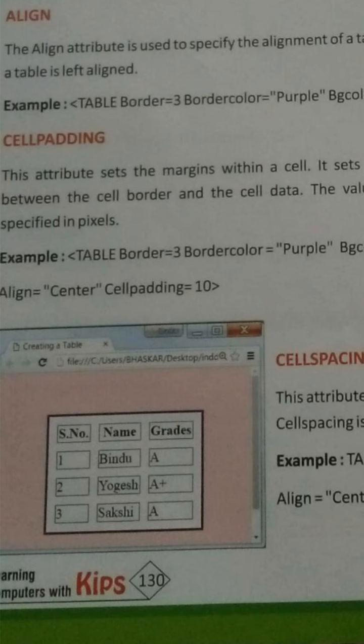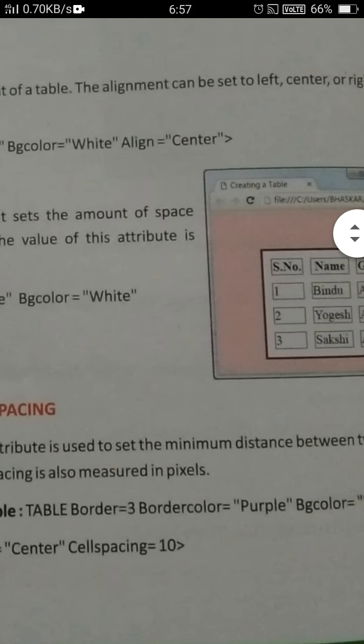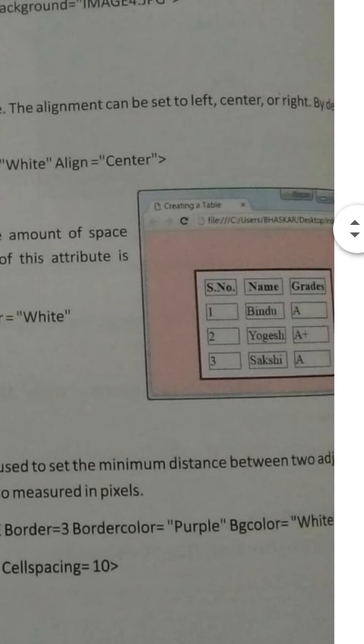Means if you want to give a space between the cell border and the data, by default there doesn't remain any space between the cell border and cell data, but if you want to give space, then you can use cell padding. You are looking at the example.